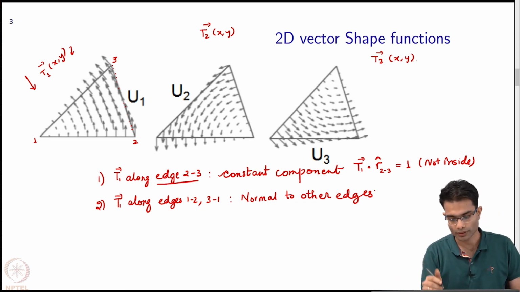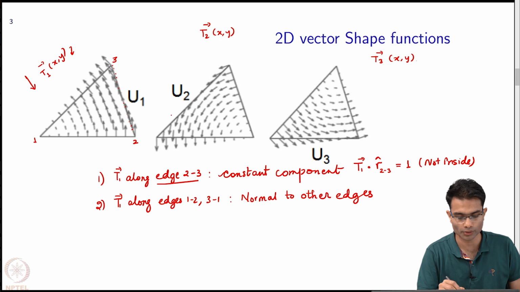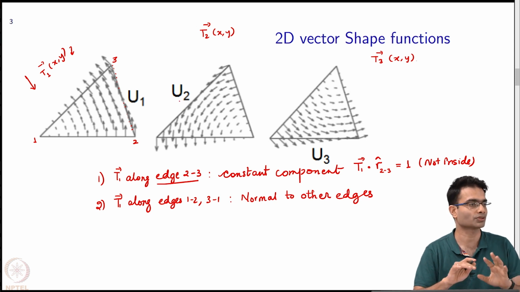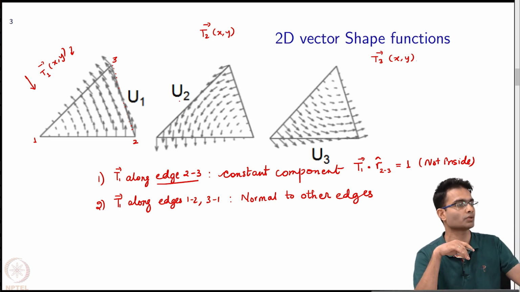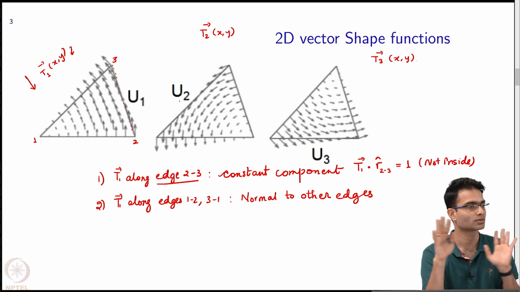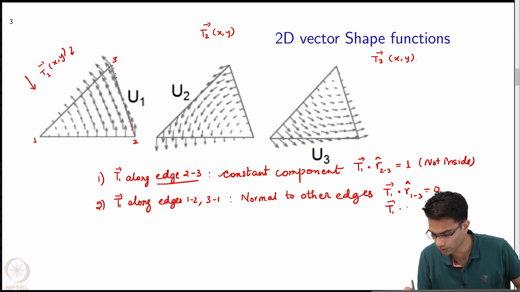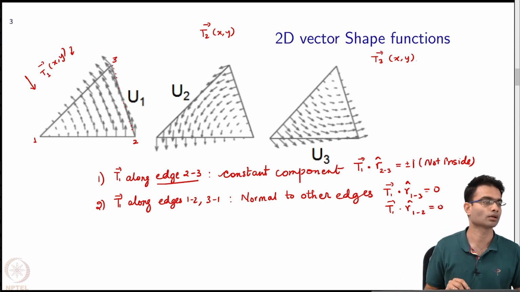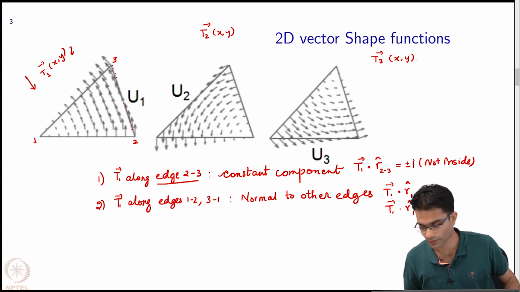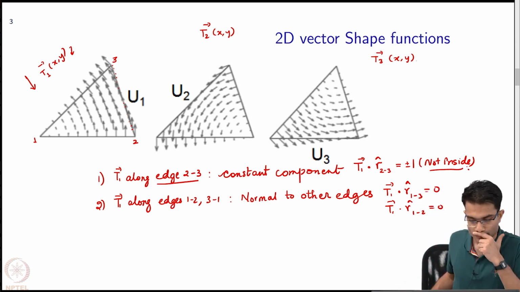And T2, for example, talks only about edge 2: its contribution along edge 2 is 1, along other edges 0, right. So, here for example, I should write T1 dot r 1 3 is equal to 0, T1 dot r 1 2 is equal to 0. The nonzero value may be plus or minus 1 depending on the convention. Okay. We have to be careful about that.